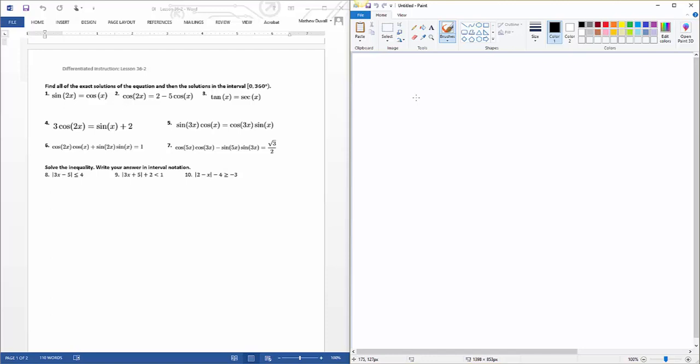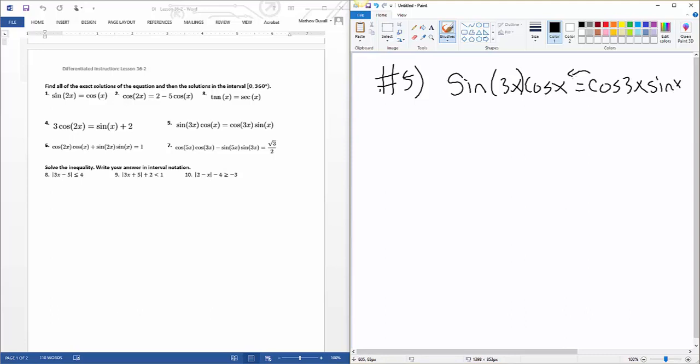Number 5, sine of 3x cosine of x equals cosine of 3x sine of x. If I subtract that, that's going to give me the sine of 3x cosine of x minus cosine of 3x sine of x, and that equals 0. That is a sum and difference identity.